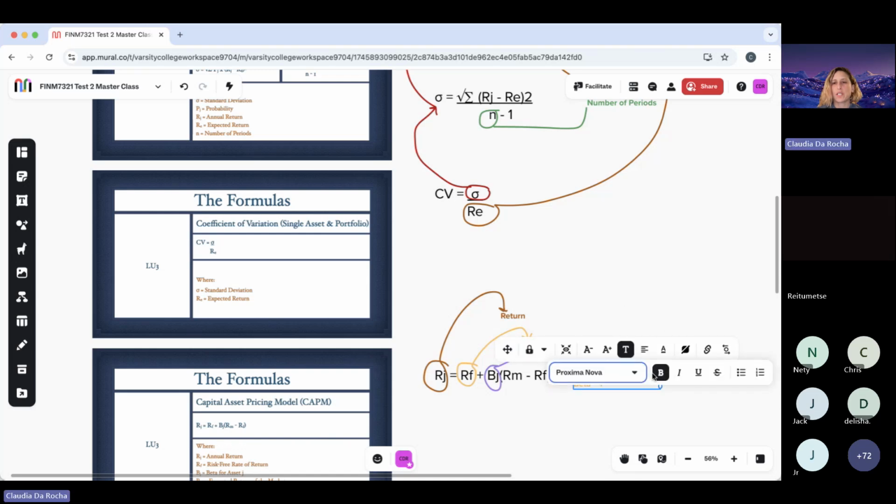But this is obviously the beta for your asset. What is important is that if they give you a question and say the beta's in the opposite direction of the market, they are saying it is negative. If they're saying the beta's in the same direction, it is positive. So I'm going to just write that in because that's quite important.